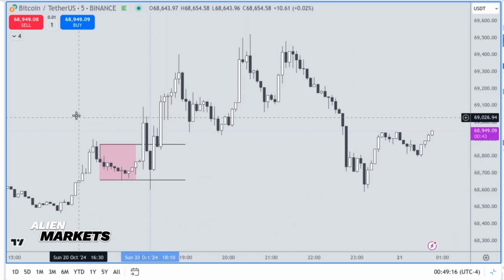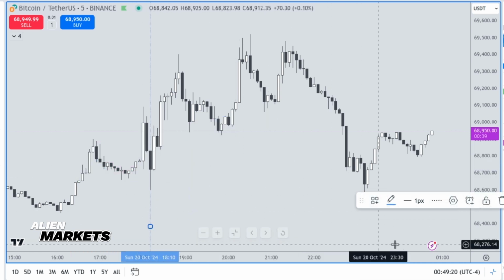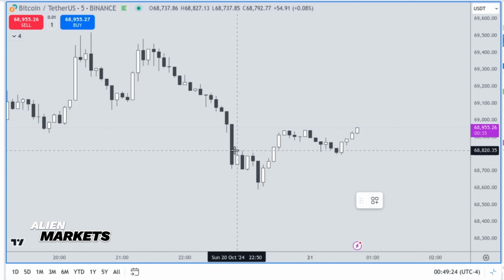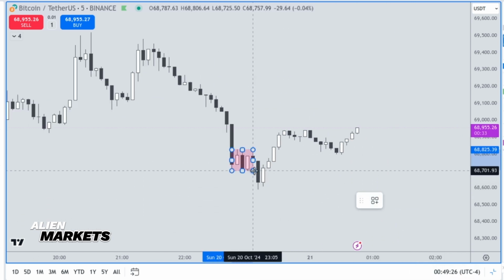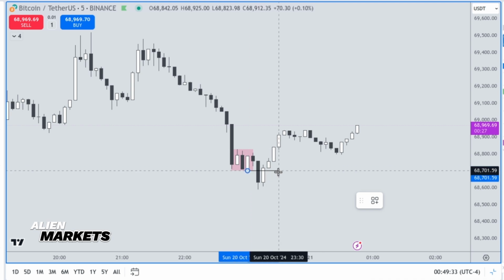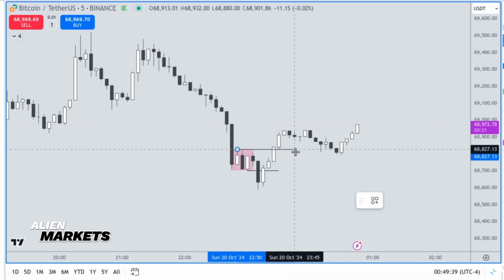Well, look at this right here, right now. You have here a little range, right? Look at this little range. What happened after this range had its low taken and also its high taken, right?